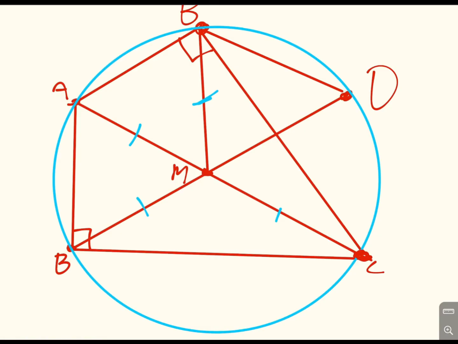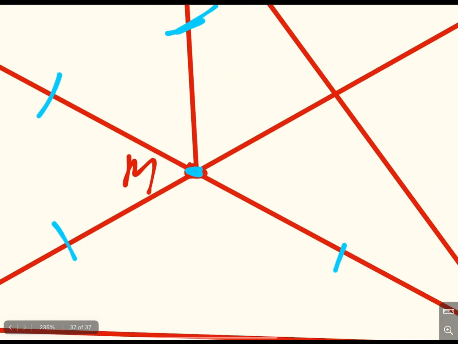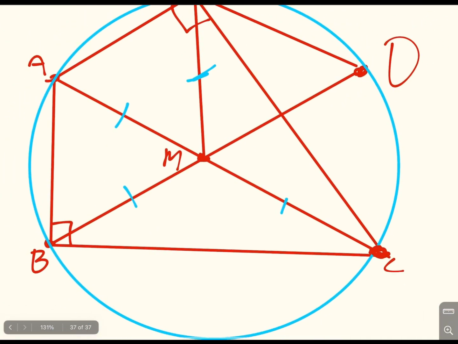Anyway, it's back to proving that D is on the circle. So now we know that AC is the diameter, right? And BD is a line that passes through M and is equal to AC. So the length of AC is going to be the diameter of the circle. So BD is equal to the diameter of the circle, and it passes through M, which is the center of the circle.